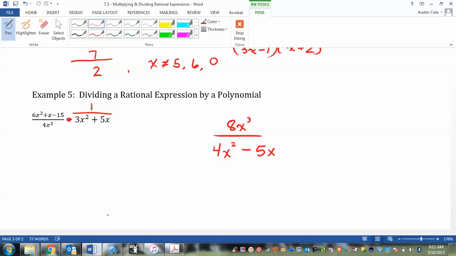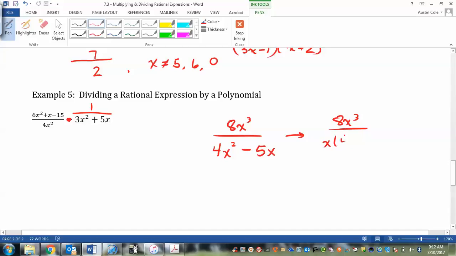Here's the rule. Before you cancel anything, factor. Does the numerator factor? No. Does the denominator factor? I think there's an x in common, right? So if I take out an x, I'm going to have 8x cubed in the numerator, and I'm going to factor out an x in the denominator.